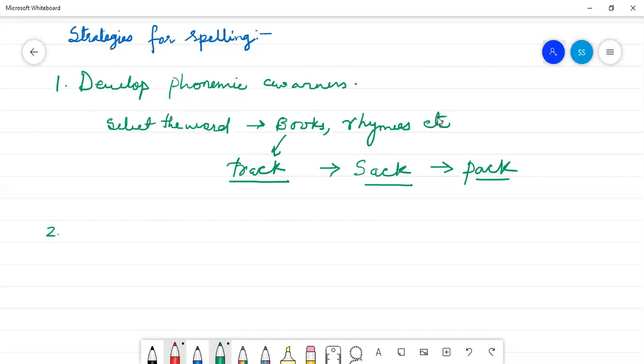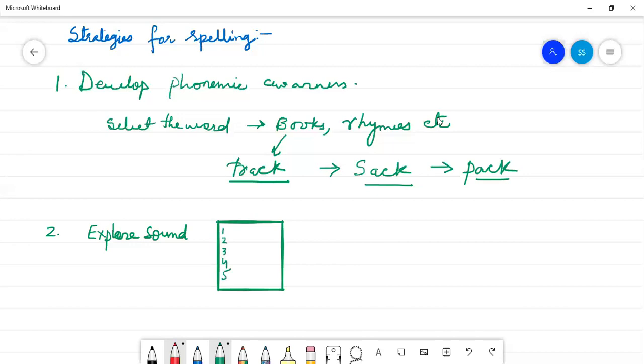Then you can also explore sound. This is another strategy. Here what you're going to do is list words on the chart paper: number one, number two, number three, number four, number five.